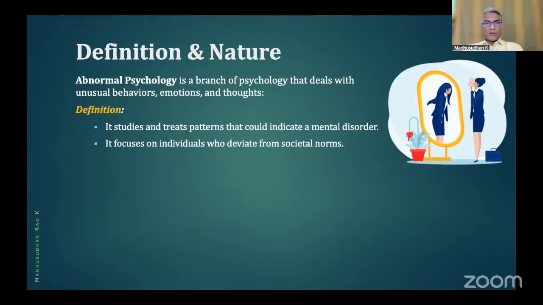It studies and treats patterns that could indicate mental disorders. It focuses on individuals who deviate from societal norms. That is, whatever is not normal according to society for a longer period is called abnormal.